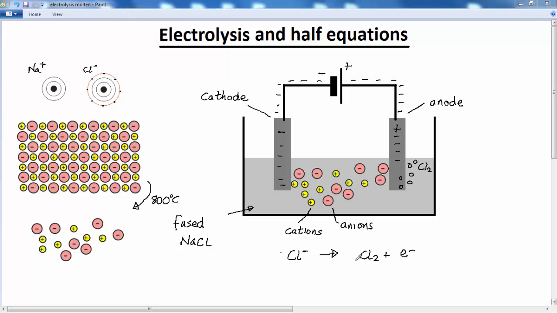Before we go any further, we need to balance this half equation. We have 2 chlorine atoms here, but only 1 here. So we need to put a 2 here, but that means we've got 2 negative charges here, so we also need to put a 2 here. And now the half equation is balanced.